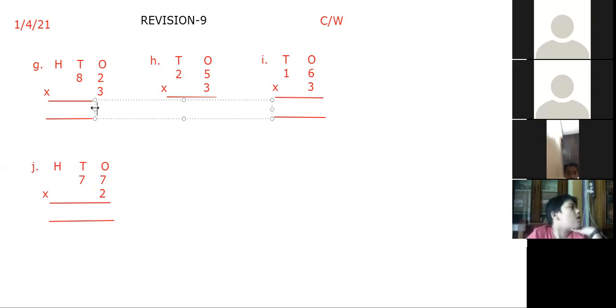Yes, we'll recall 3 table. 3 twos are 6, so we will write 6 in one's place. Next, 3 eights. 3 1s are 3, 3 2s are 6, 3 3s are 9, 3 4s are 12, 3 5s are 15, 3 6s are 18, 3 7s are 21. 3 8s are 24.